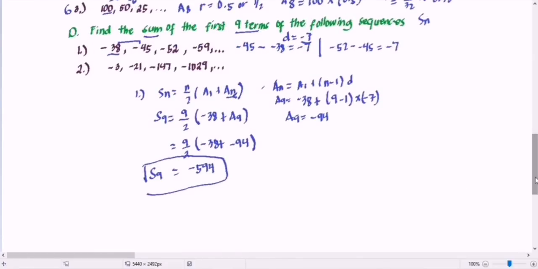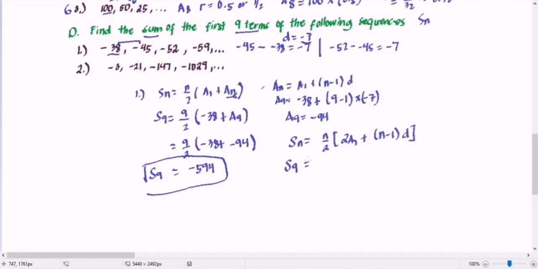S sub n is equal to n over 2 times the quantity of 2a sub 1 plus n minus 1 times the quantity of d.